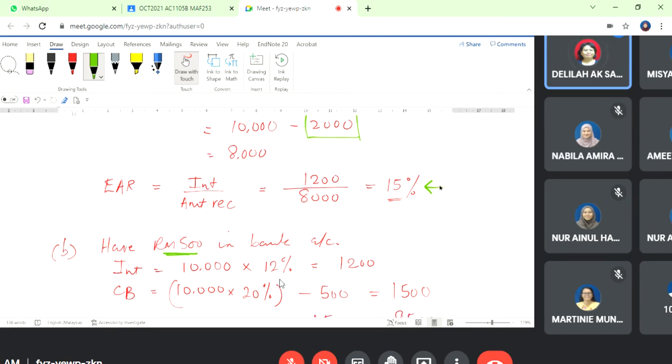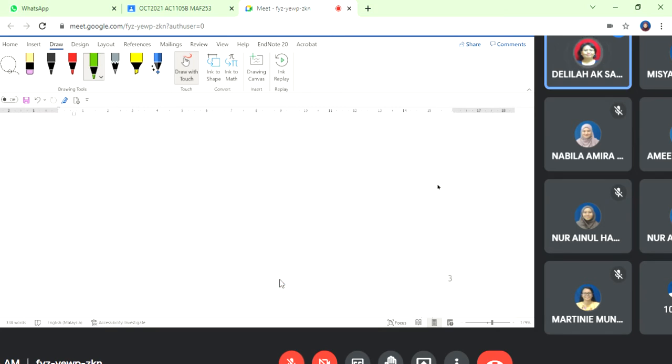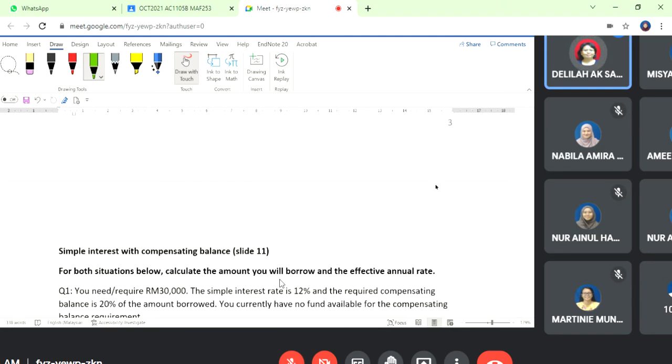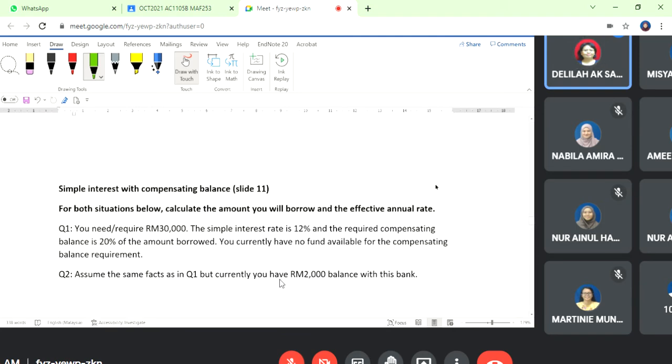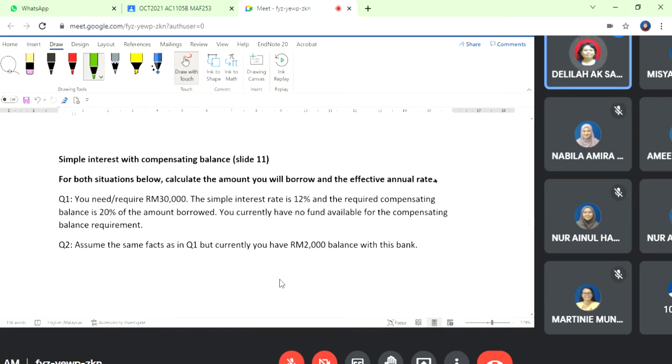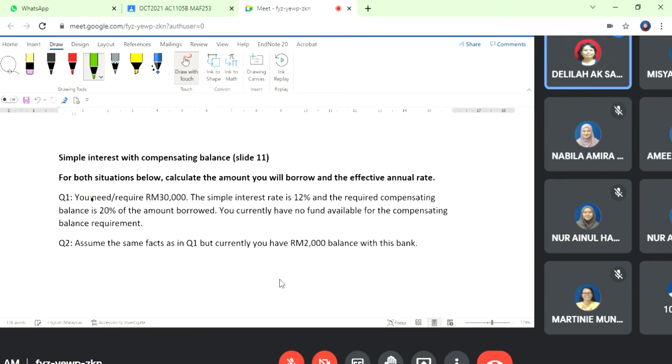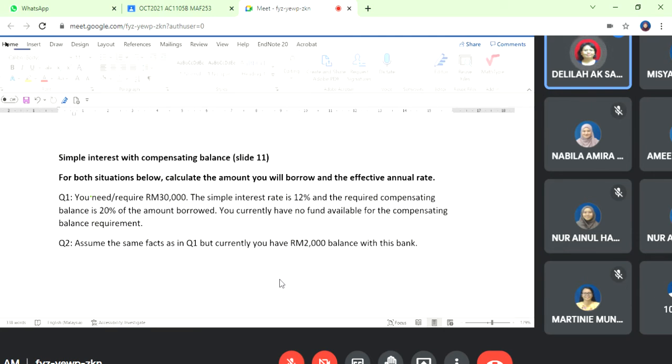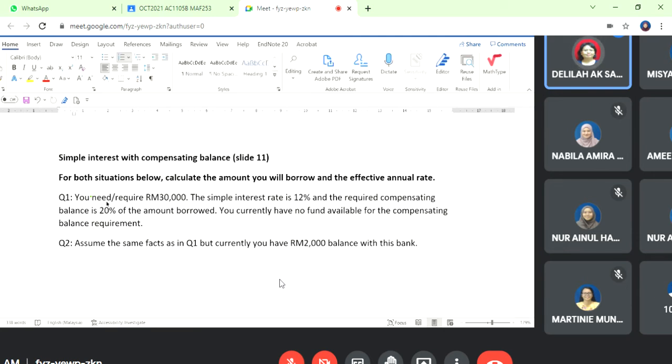All right, so simple interest with compensating balance. Maknanya lepas ni kita kena buat another one with a discount interest and compensating balance. But before we do that, there's something that you need to know when you do this type of calculation, which is on this one.